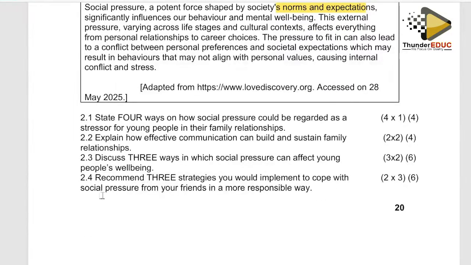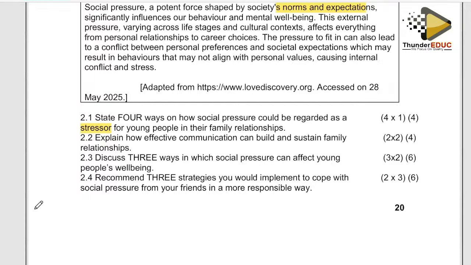All right. Now, the first question, 2.1, says state four ways on how social pressure could be regarded as a stressor. So our keyword there is stressor, and we are going to highlight it. How can social pressure be regarded as a stressor for young people in their family relationships? I'll start with the first.